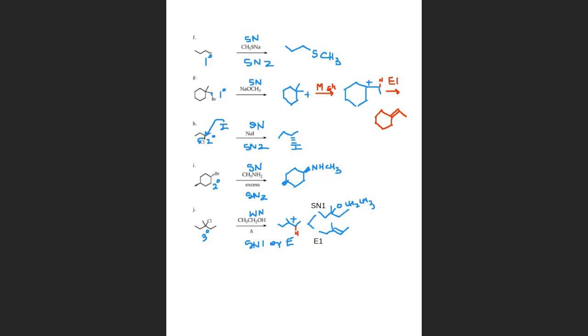All right. Okay, so that was that page. Now, if y'all are good with the basics of the reactions, let's try going to the next page. Let me know if you guys have any questions.